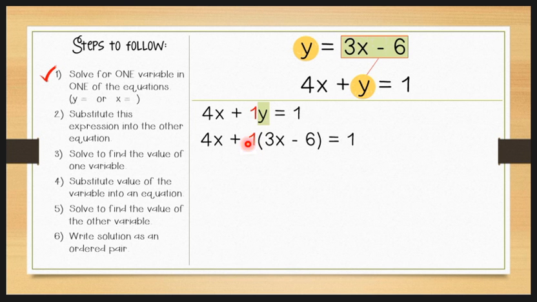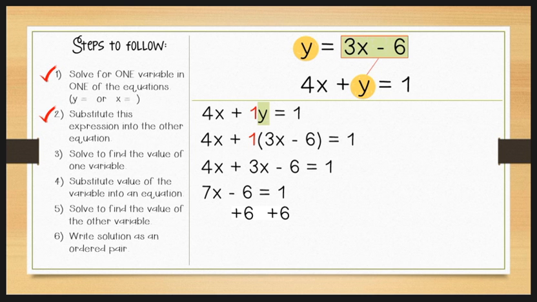Then in our next step, we would distribute this 1 through to both terms in the parentheses. So we would have 4x plus 3x minus 6 equals 1. We can combine our like terms, so we would have 7x minus 6 equals 1.